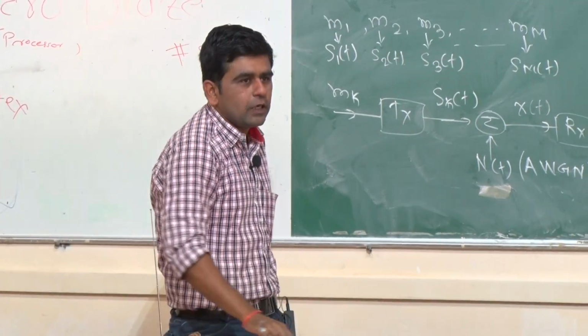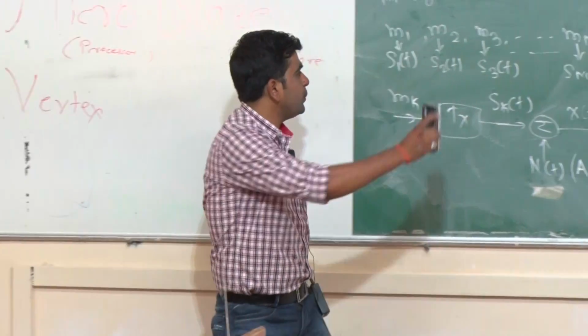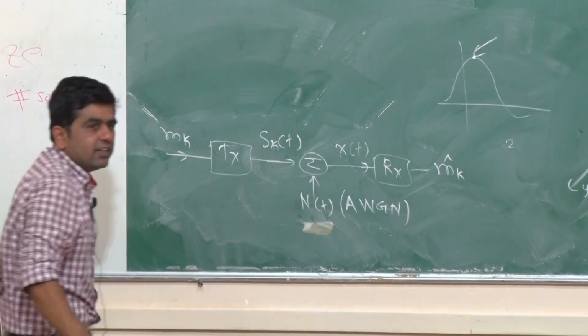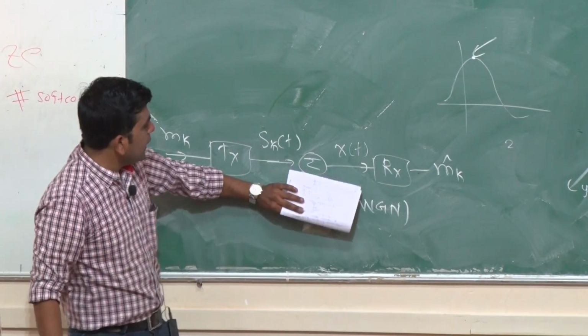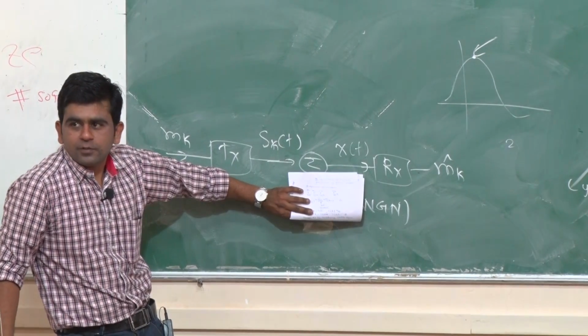In the first situation, write down for the no noise case. For the no noise case, that means only sk of t signal is present, no noise is present.